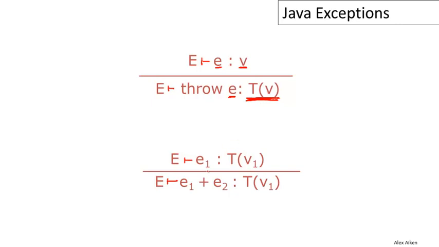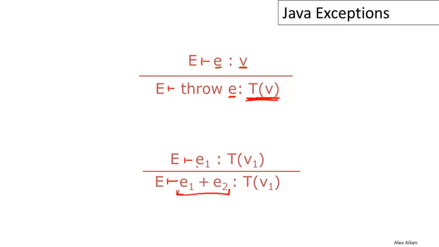Now, the only other thing we need to talk about is how all the other constructs in the language deal with these thrown exceptions. That's very simple. We want those thrown exceptions to simply propagate out of any other kind of expression. We'll just do one example here because the idea is the same for every other language construct. Let's say that we're evaluating E1 plus E2.